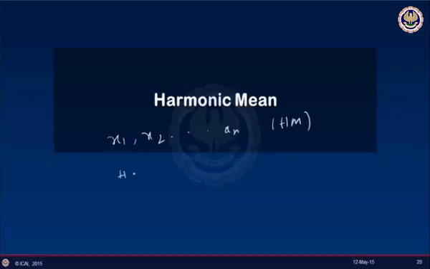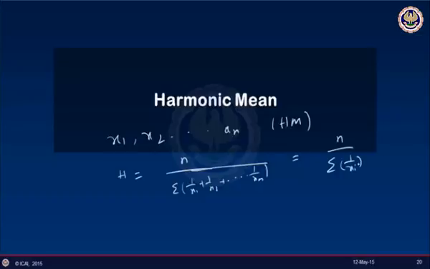H equals n divided by the summation of 1 by x1 plus 1 by x2 plus etc., 1 by xn values. This can be simply written as n by summation of 1 by xi.